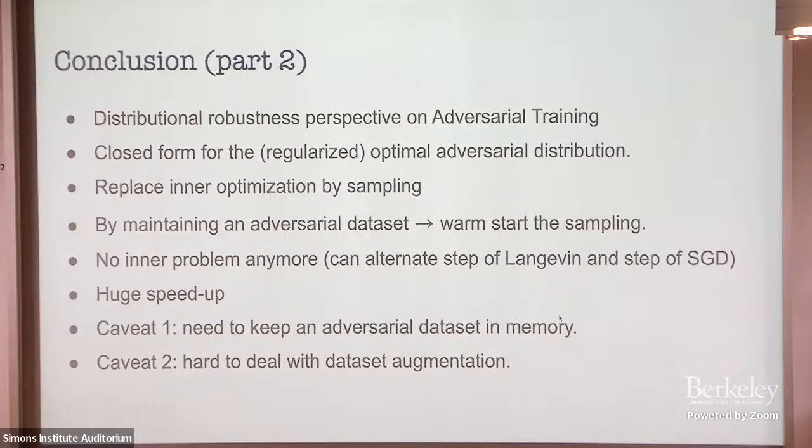The second caveat is an interesting one because it opens some questions: it's hard to deal with data augmentation because now you cannot maintain an adversarial example for the augmented example. You don't know in the future how your example will be augmented. So you have to figure out some tricks.